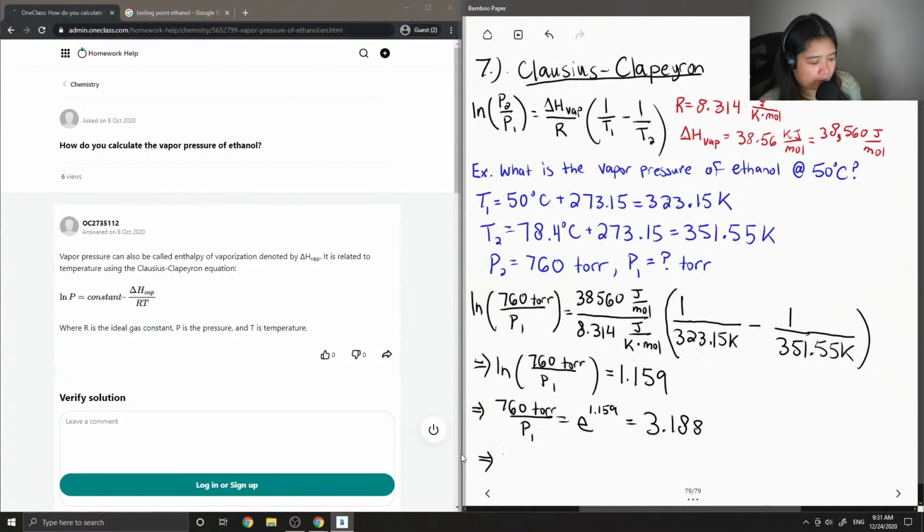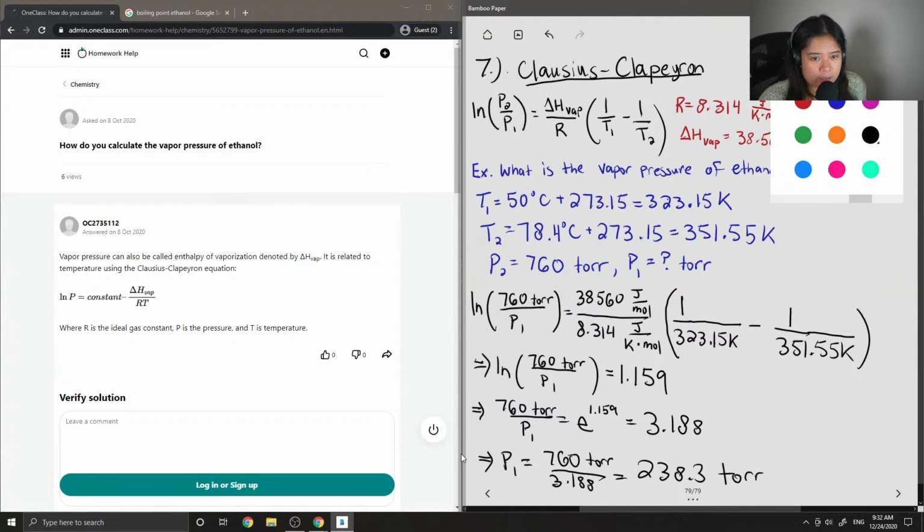And then finally, we just isolate P1 by doing 760 torr divided by 3.188, and we end up with 238.3 torr. So this is the vapor pressure of ethanol at 50 degrees.